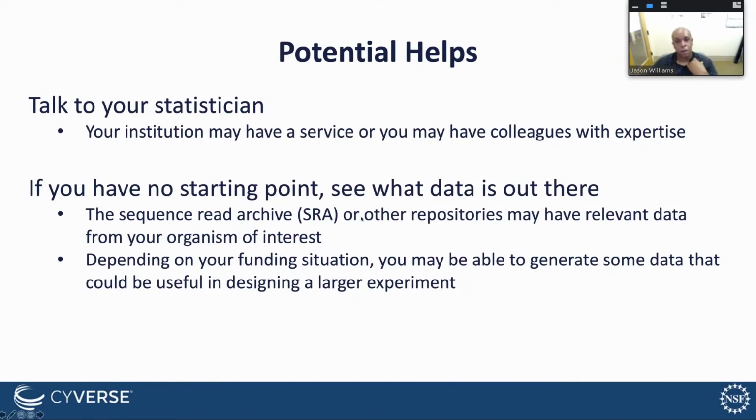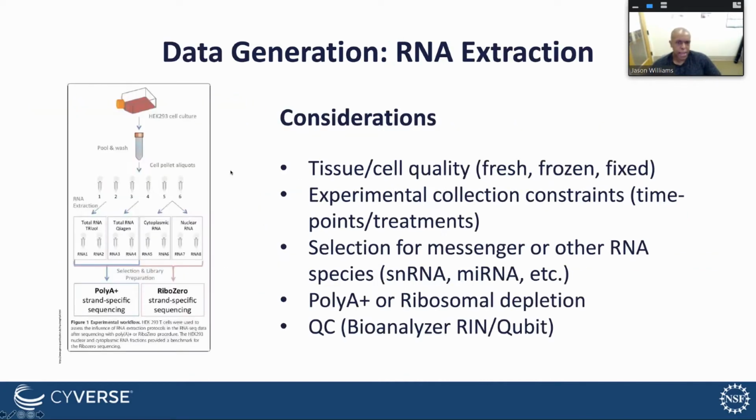There may be other experiments where you can reuse data to measure gene expression, even if those data were not created to examine your experiment. If transcriptomes are available from your organism of interest, you can play around with them, just as I'm doing today, and take a look at those genes and see what the expression range might be.